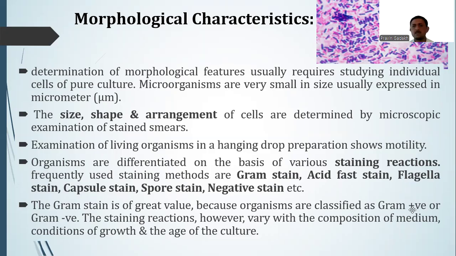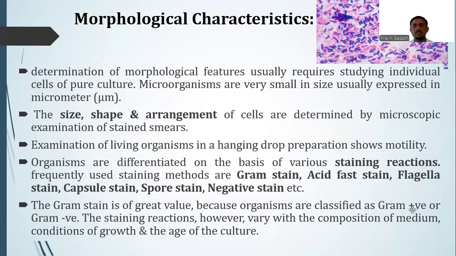Microorganisms are very small, usually measured in micrometers, as with bacteria. With the culture in pure form, the size, shape, and arrangement of the cells are determined by microscopic examination of the stained smear.